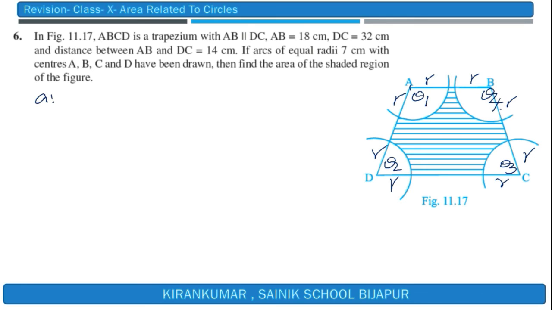Here the area of trapezium is required. The area of trapezium is the sum of parallel sides multiplied to the height divided by 2. This is the formula.